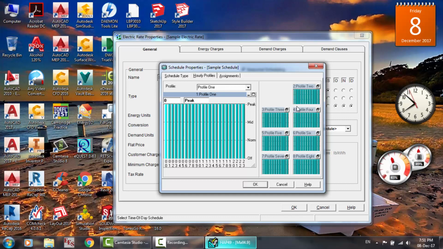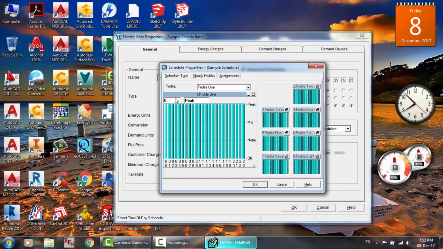You have to make the profiles you need, and here you have to get the details. So for profile one, notice that we have here off, normal, mid, peak. According to the hours, you have to determine which hour is the peak, which hour is the mid, which hour is the norm, and which hour is off.